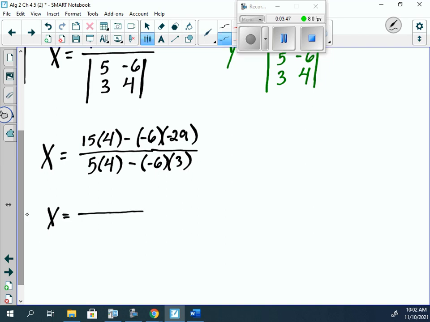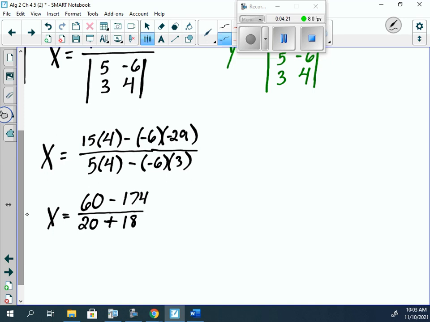So on top, we would have 15 times 4, which is 60, minus negative 6 times negative 29. 6 times 29, carry the 5, I think it's 174. On bottom, we're going to have 5 times 4, which is 20, minus negative 6 times 3, which is plus 18.